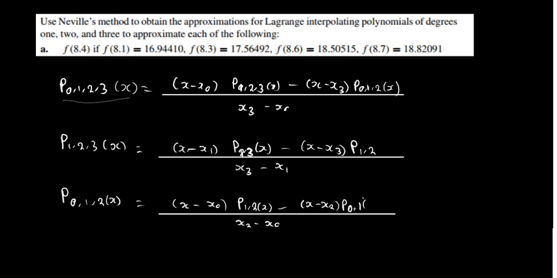So now, again, we're still not done. We don't have this guy over here, and we don't have this one over here. So I have to solve these 3 so that we can evaluate these 2, so that we can evaluate this one. That's Neville's iterated method for you. There's a lot of backtracking. So let's start off with this one over here. Then we're going to go to this one, and then we're going to evaluate this one. Then we're going to evaluate these 2, and then finally we're going to evaluate this one.